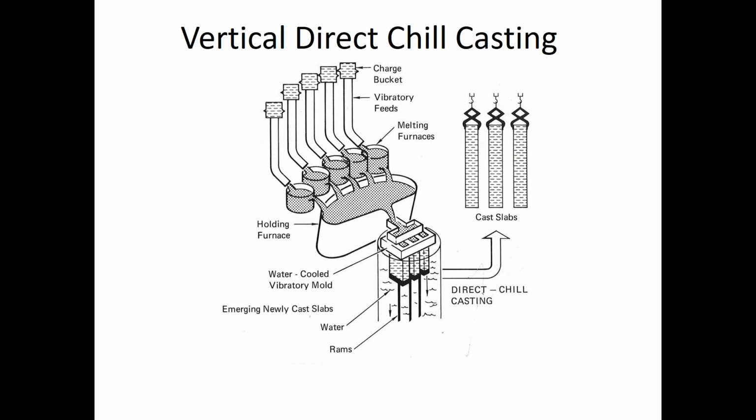This is semi-continuous casting. Again, a schematic. You have charging schematically shown where you put metal into charge buckets. You have feeds. You have melting furnaces. Here they show 5 melting furnaces, which generally is not the case, but it can be multiple melting furnaces.